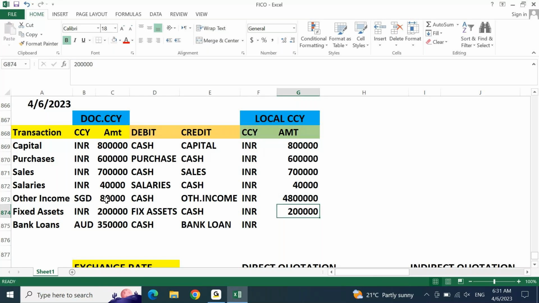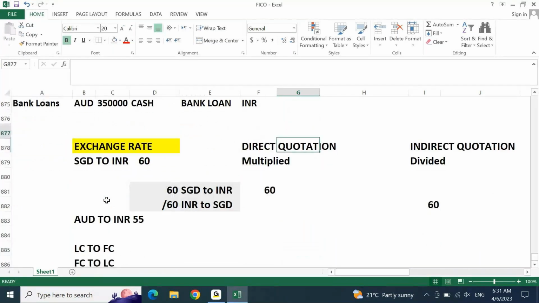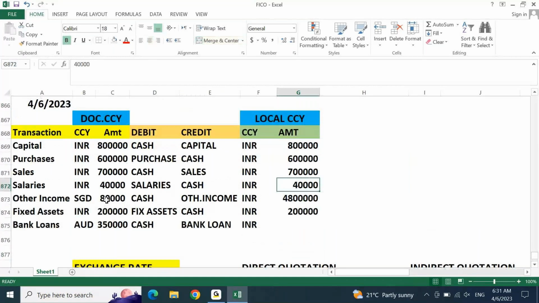Similarly, for AUD, we assumed the exchange rate is 55. How are you going to convert this? This is again foreign currency to local currency. So I take my foreign currency and multiply it with the exchange rate 55. I will get local currency.